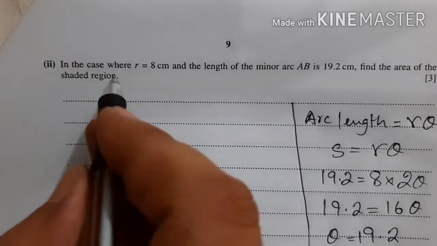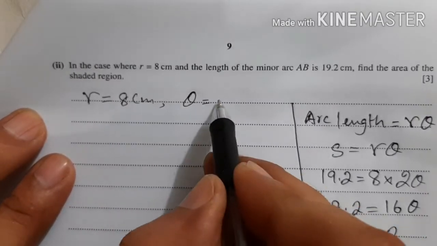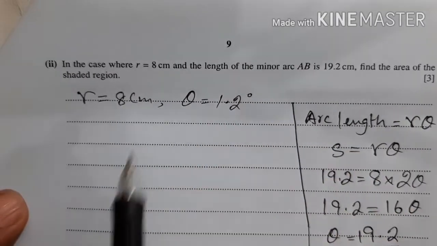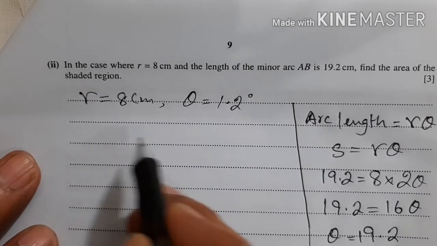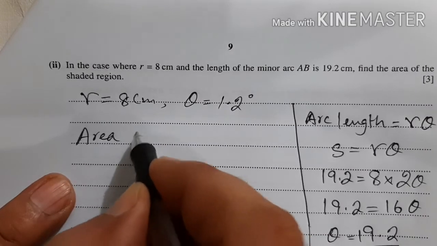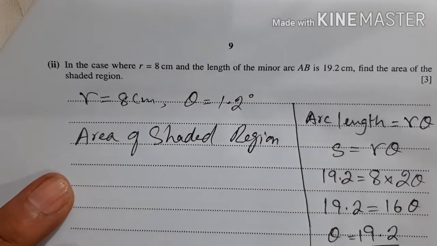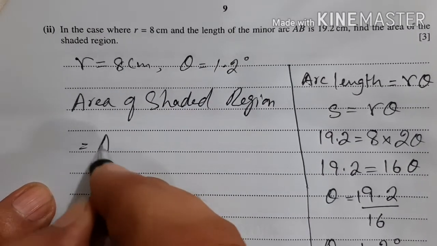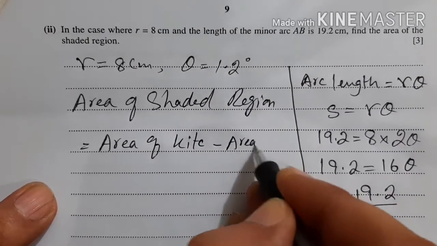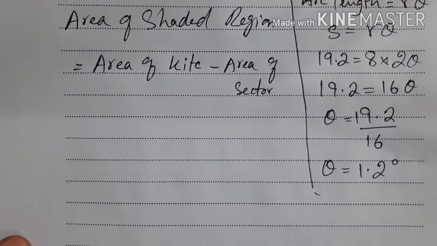So we got two things now. R is 8 centimeter and theta is 1.2 degrees. So we need to find the area of shaded region now. So from the previous figure we know that the area of shaded region, as I discussed earlier, area of shaded region is area of kite minus area of sector, as I discussed already in the previous part.